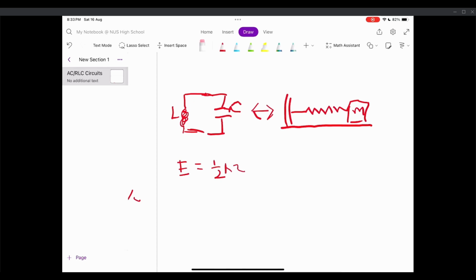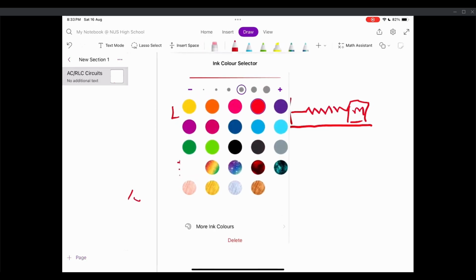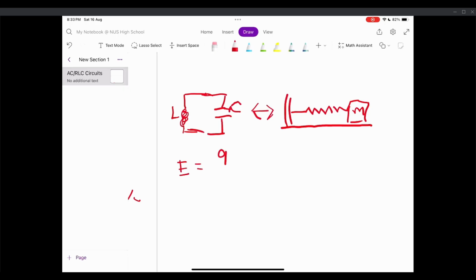Sorry, your total energy of the system is half, is it q squared? I cannot write with this pencil. The total energy is q squared over 2C plus half L I squared, and you know your I is the derivative of your charge.